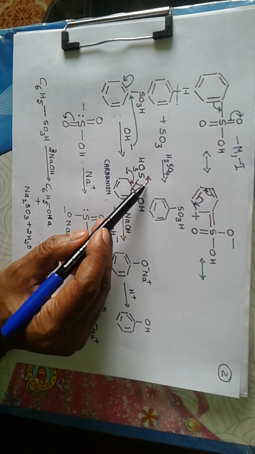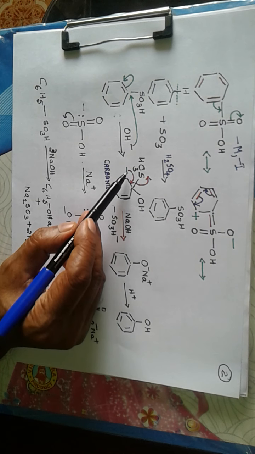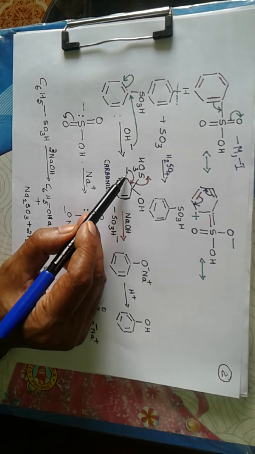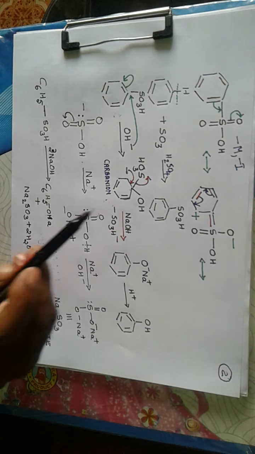So when SO3H is removed, we get a positive charge here, and that is neutralized by the pair of electrons forming a bond here, that is shown by an arrow starting from the negative charge.